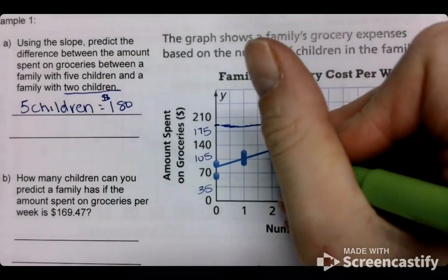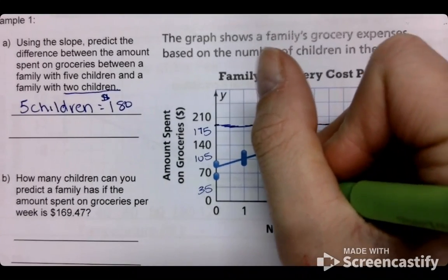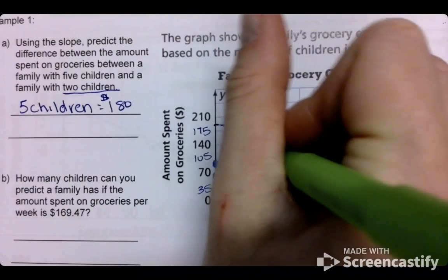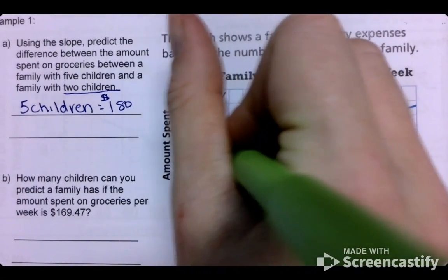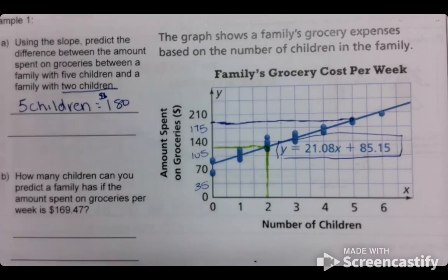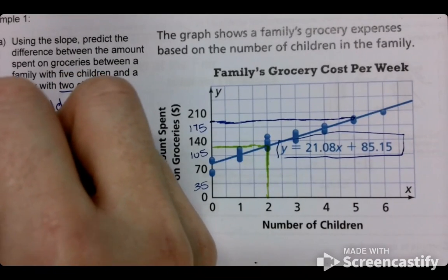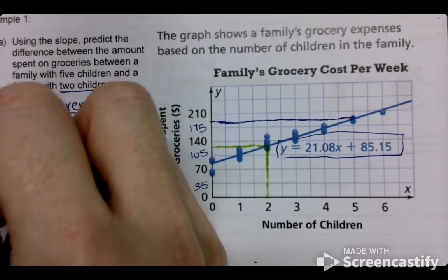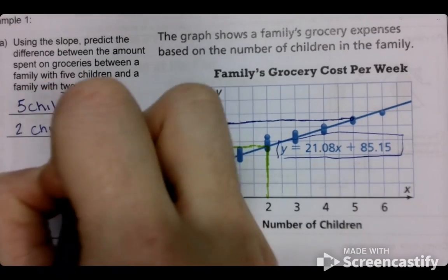Welcome back. So for 2 children, we go here, and then we go over, and we're going to say about 130-ish. Again, it is not going to be perfect.